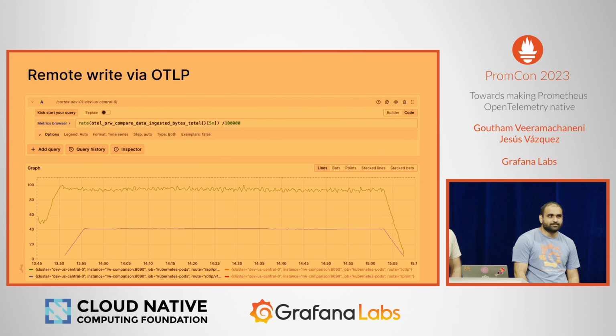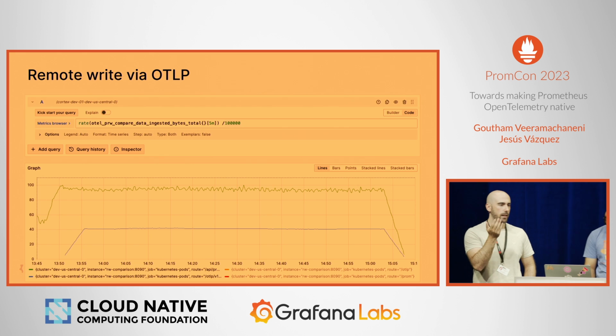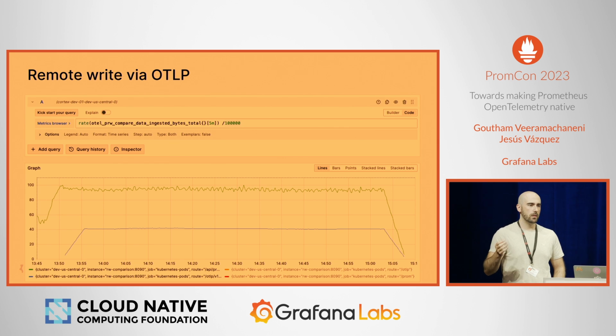Yeah, there is an effort for this. I think Callum couldn't make it because he's on PTO, but there's a document describing this for remote write 1.1, where we are trying to add other compression algorithms, and then you can choose.